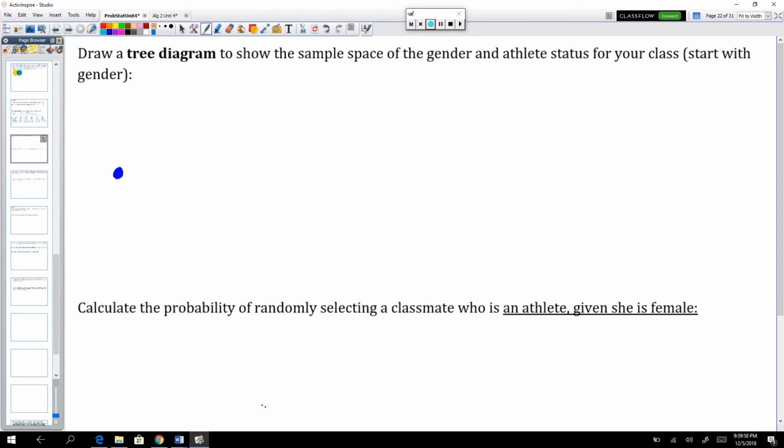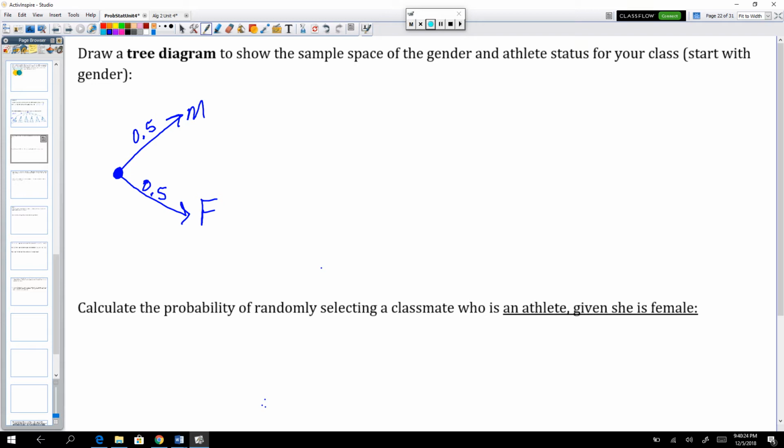And if we look at our data, if you remember back to our data, we had 13 males and 13 females. So if we first divvy the room up into male and female, 13 out of 26 and 13 out of 26, that means we have 50% male and 50% female. So the probability of randomly selecting a male or randomly selecting a female is the same. In our particular example, it's 50-50.